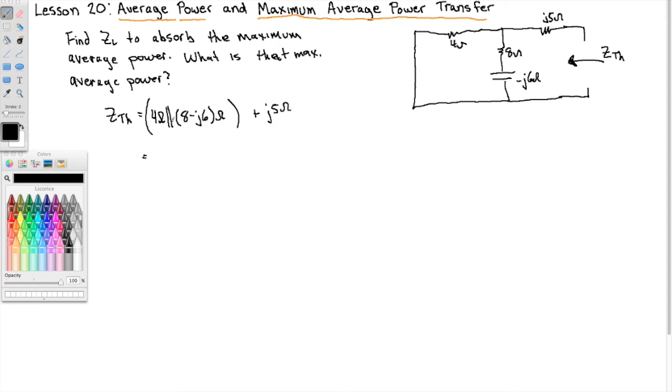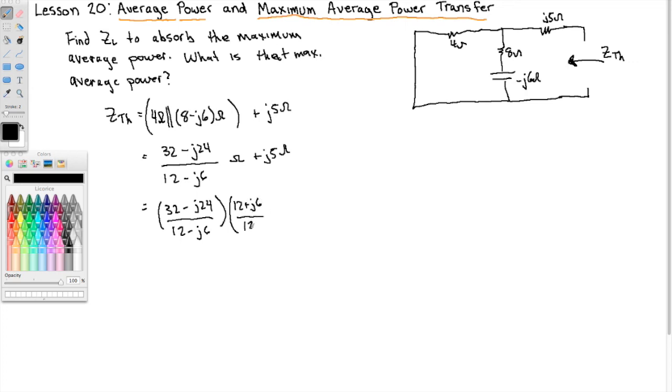If I do the parallel combination, that's the product over the sum. So that's (32 minus j24) divided by (12 minus j6) ohms plus j5 ohms. To help simplify this, let's take (32 minus j24) over (12 minus j6), multiply by the complex conjugate of the denominator, (12 plus j6) over (12 plus j6), ohms plus j5 ohms.